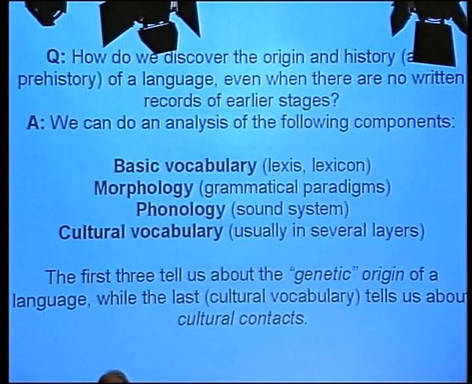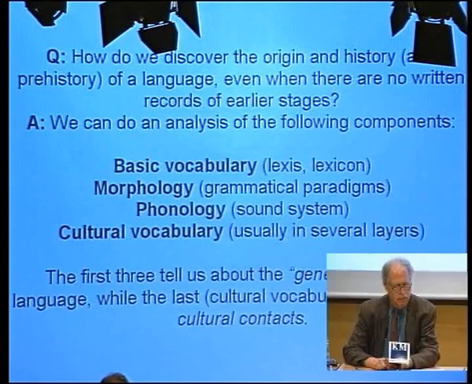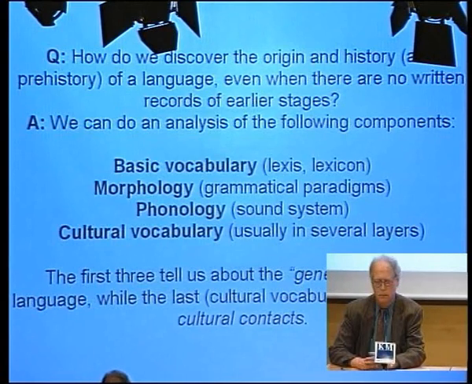These are basic vocabulary, lexicon. The second one is morphology, or grammar. The third one is phonology, which is sound systems. And the fourth one is what I call cultural vocabulary.